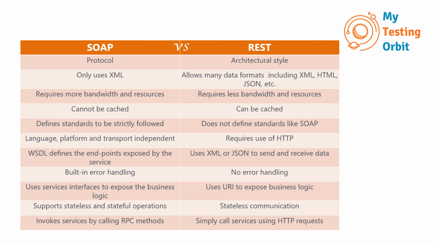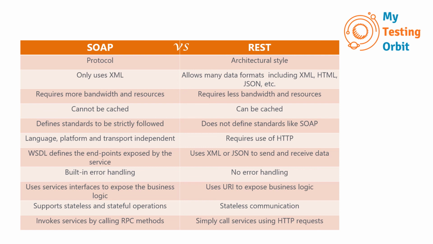In SOAP, WSDL defines the endpoints exposed by the service, while REST uses XML or JSON to send and retrieve data. SOAP has a built-in error handling system, but there is no built-in error handling in REST.